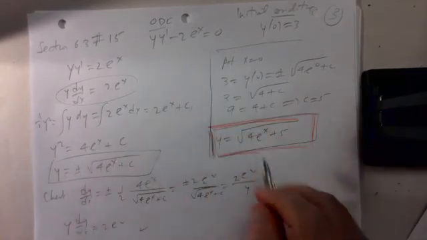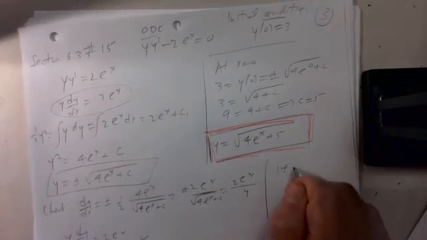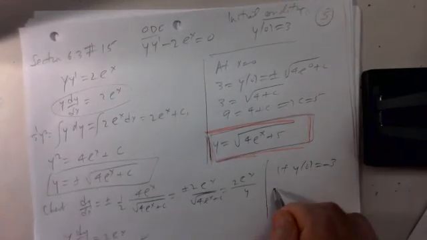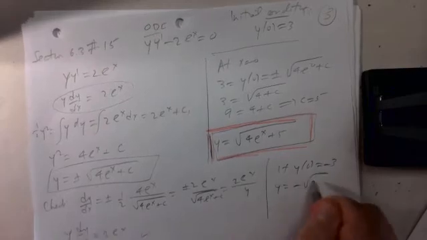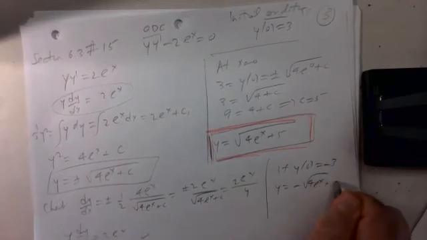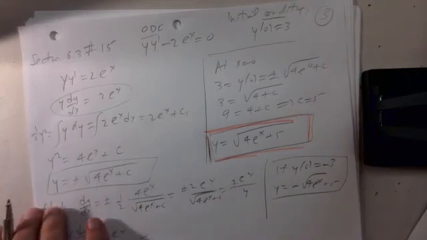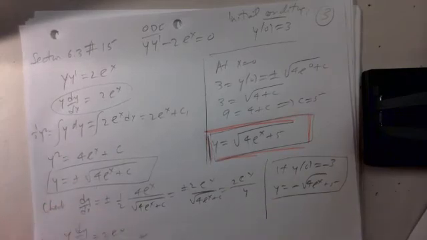I mean, for example, if the initial condition were y of 0 equals -3, then y equals minus the square root of 4e to the x plus 5 would have been the solution. But it depends on the initial condition.